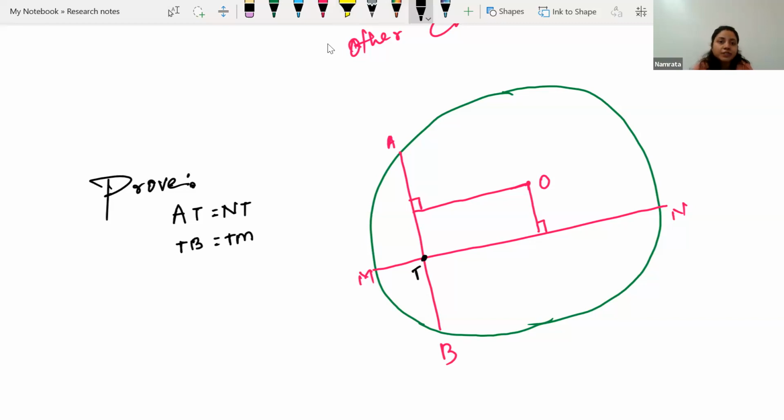Okay. Now we know that these two chords are of equal length. AB and MN, these two chords have the same length, that is given in the question itself. Okay. Let's see how we can prove it.